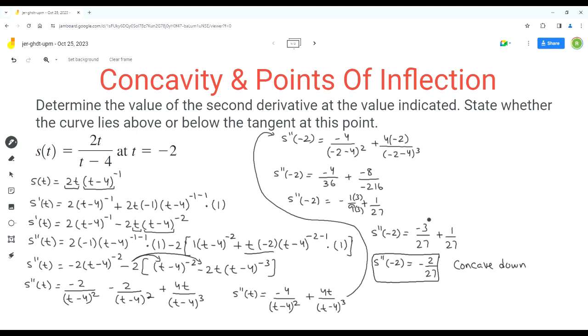That means the curve lies below the tangent at t equals negative 2. So this is how we can conclude our answer for the second part.